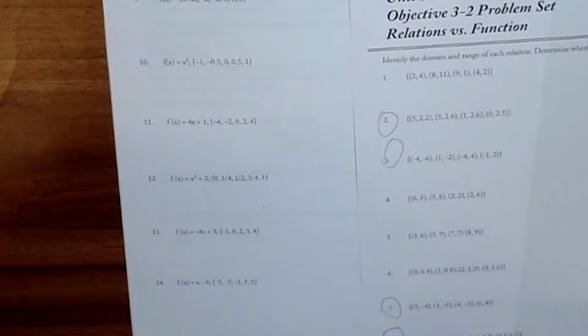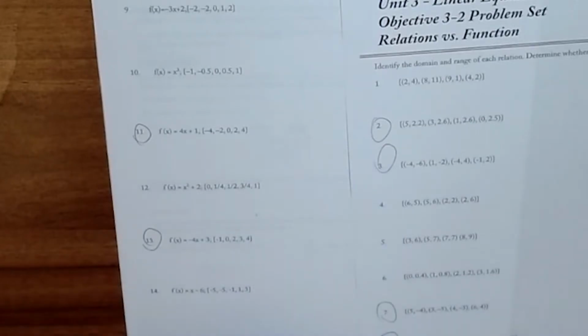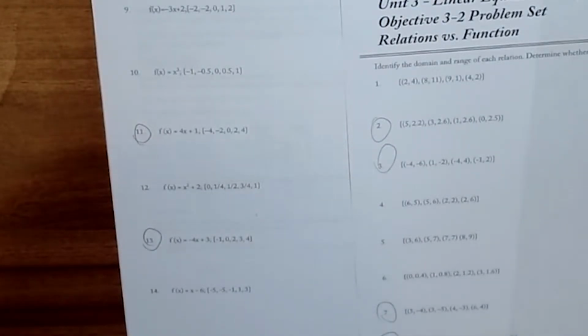And I think we have a couple of weird ones back here. I want to find the range of the function. And so let's look at 11 and 13. Okay, so go ahead and pause the video right now and take a look at those questions, and then I'll come back and we will look at those answers.